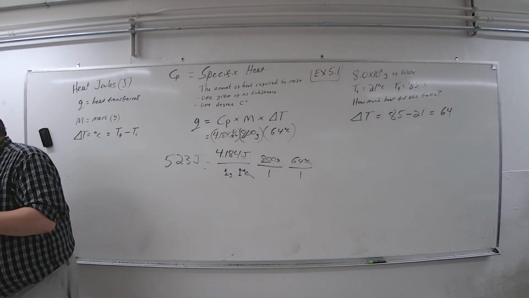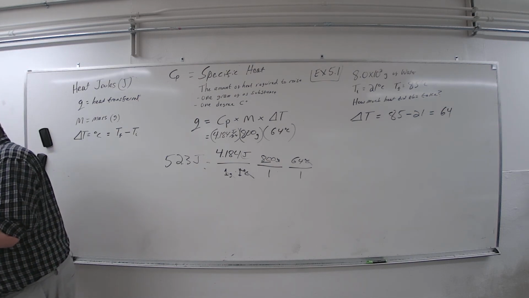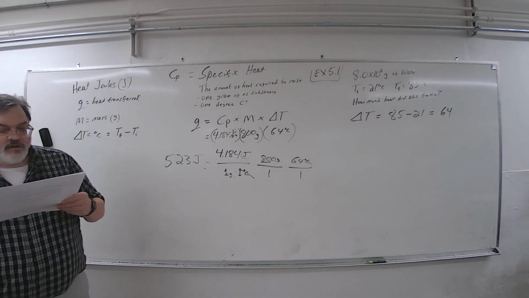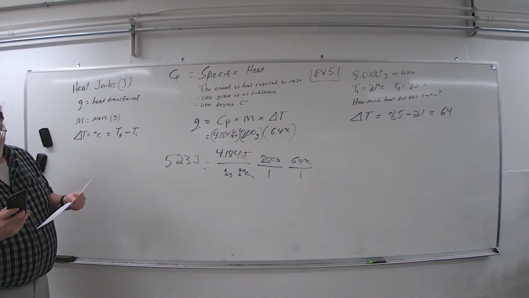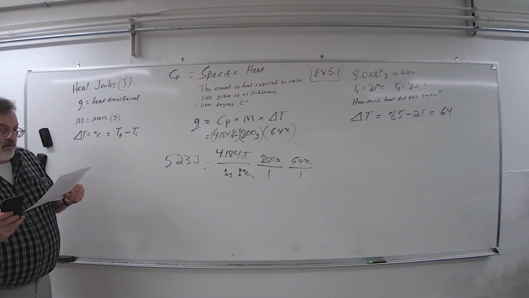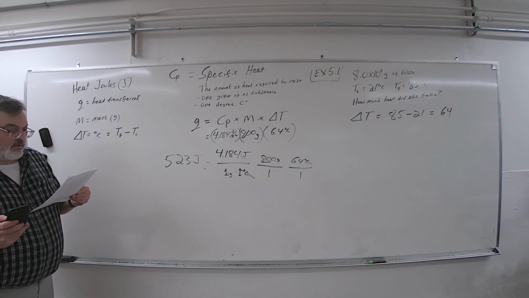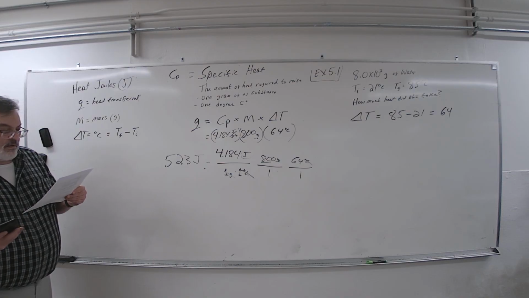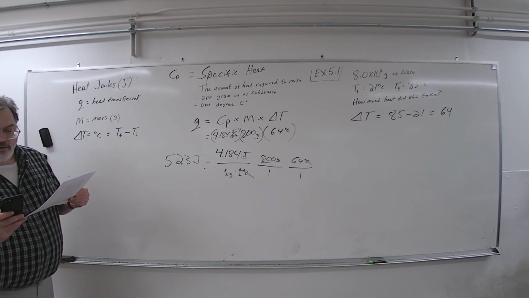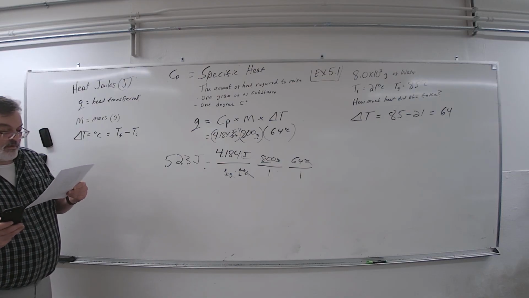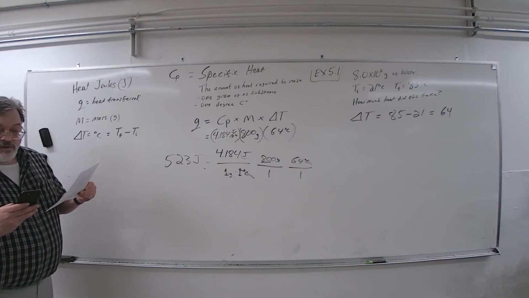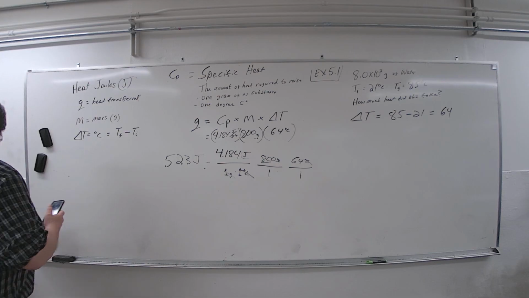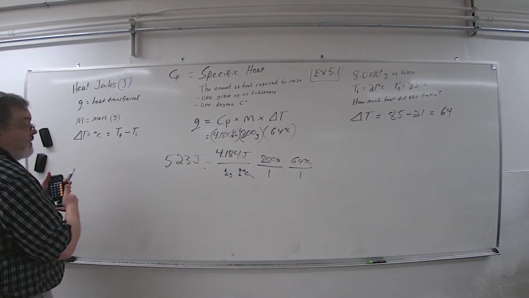Is that really what I got? That's nowhere near what we think back here. Did I do that right? 4.184 times 800 times 64. Yeah, I calculated that completely wrong somehow.